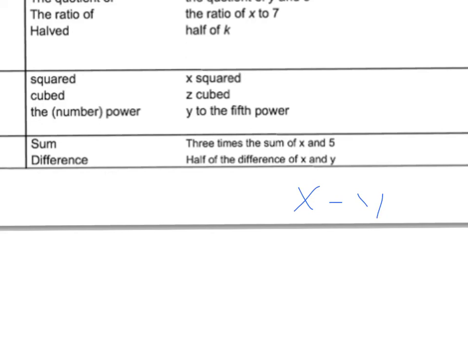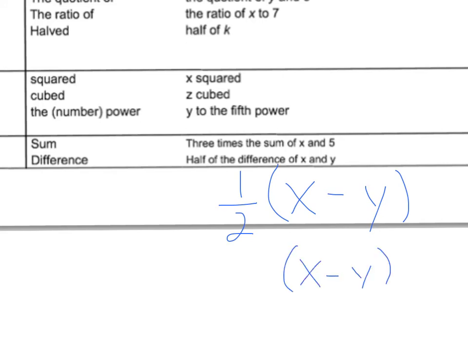Oops, let me fix that. We have x minus y, inside of parentheses. And then I'm going to multiply it by 1/2. Another way we could have written this would have been x minus y divided by 2. So we could take half of it.